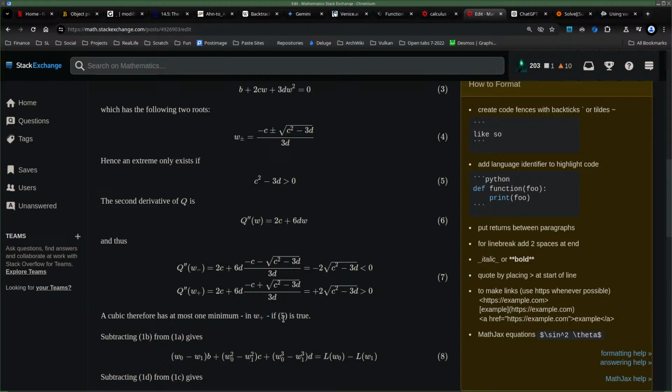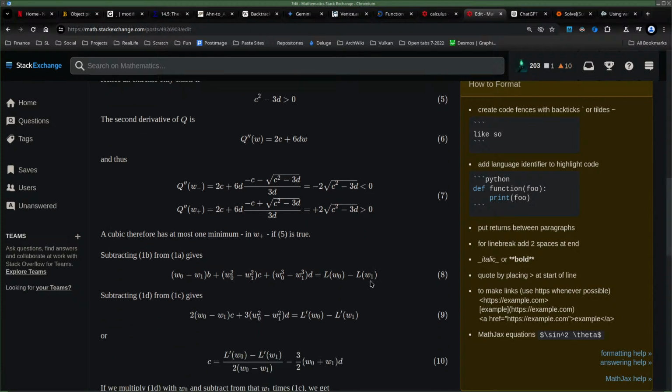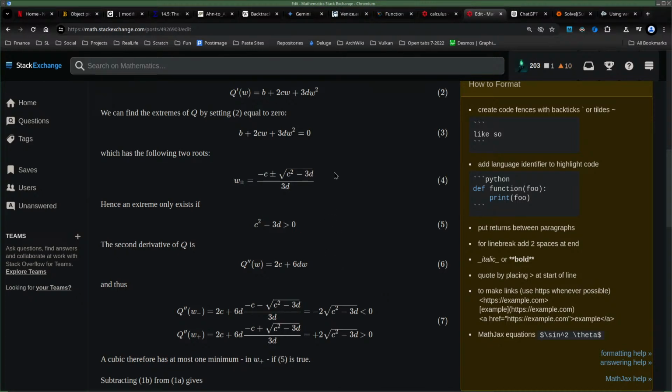But I still have to use the correct formula, not this. That's bullshit. You have to use this one, but then with a plus. So it's minus c plus that square root divided by 3d.